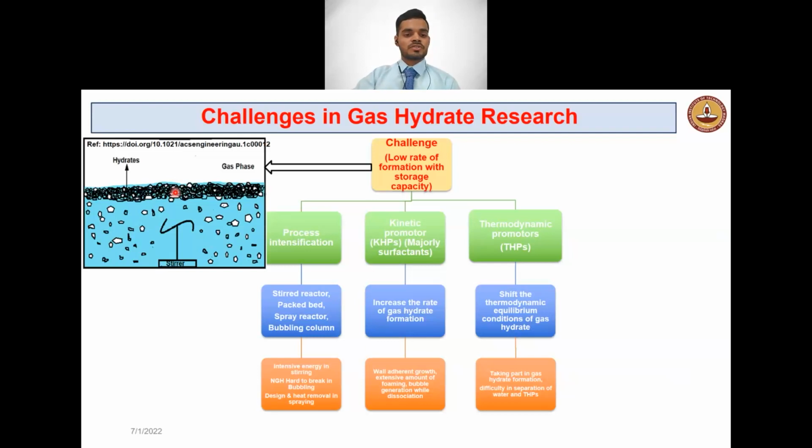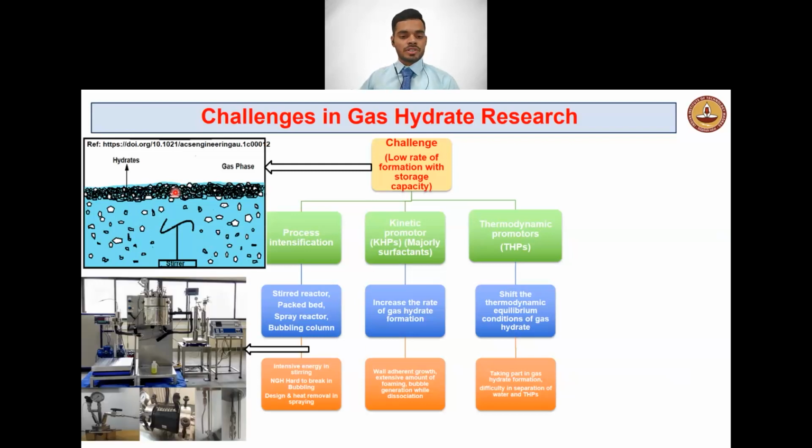First is process intensification, in which we are using a stirred tank reactor, packed bed reactor, spray reactor, and bubbling column, and these are some of the pictures from our lab.